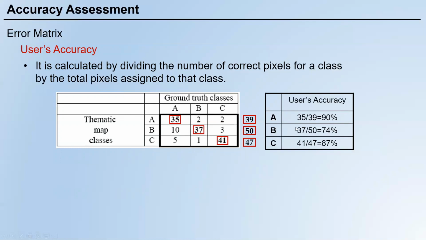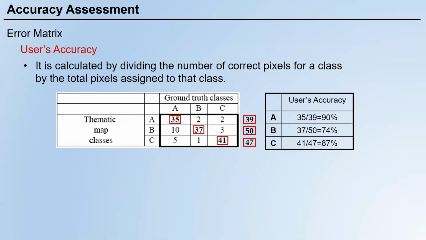Similarly, for class B, the percentage is 74%. Compared to class A, your performance is not that good.